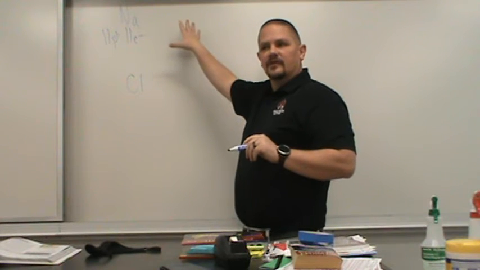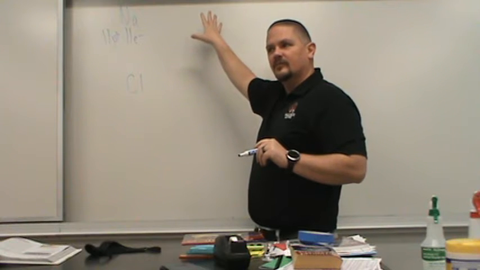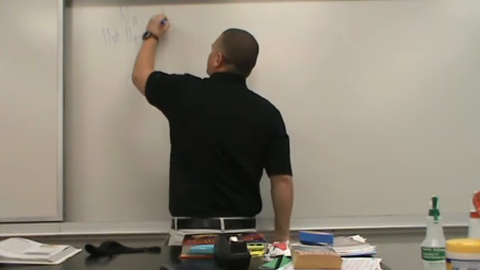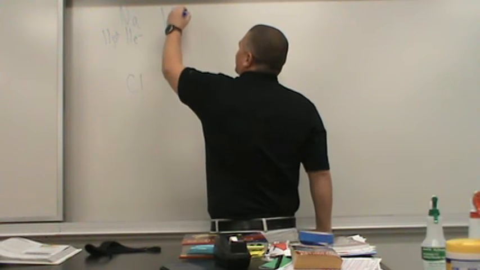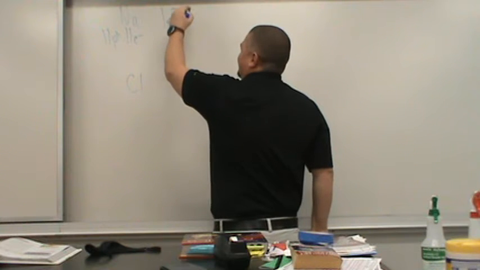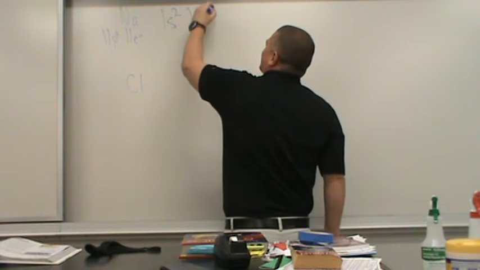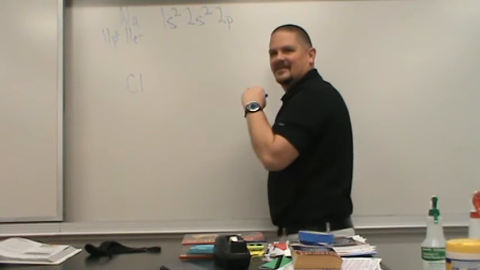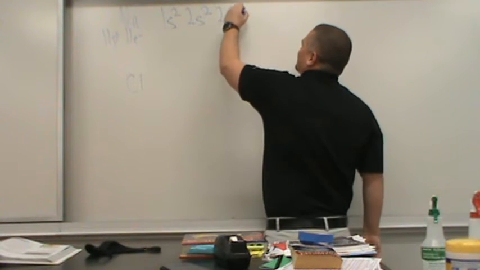All right, so if we do the electron configuration, anybody remember how to walk me through that? What do we start out at? 1s. How many electrons in 1s are we going to put in? 2. Then we're going to go to 2s. How many electrons there? 2. Then we're going to go to 2p. How many electrons there? 6. Then we're going to go to 3s.